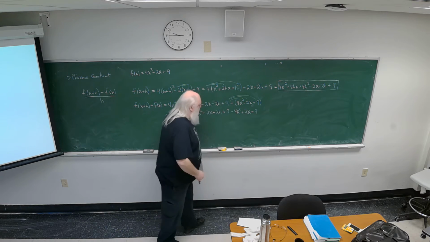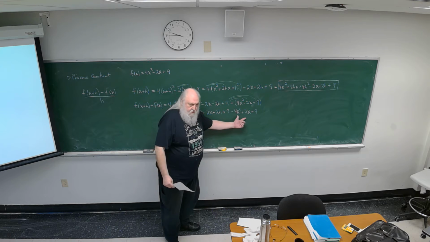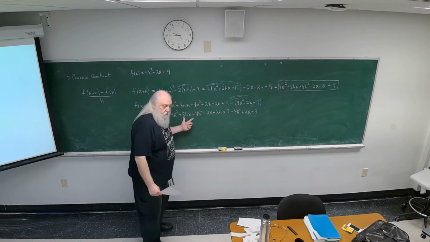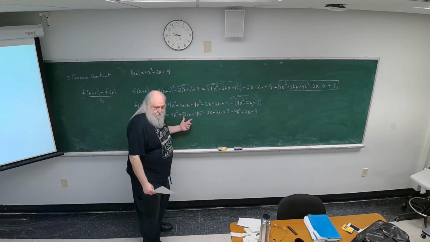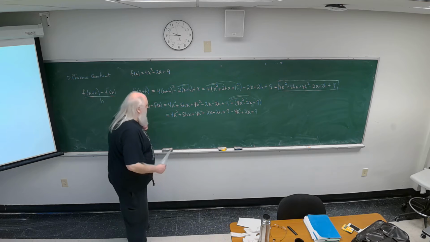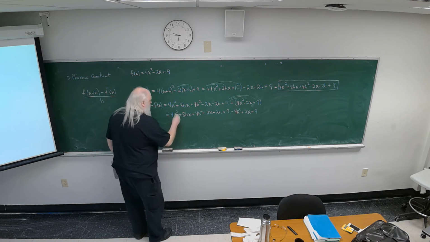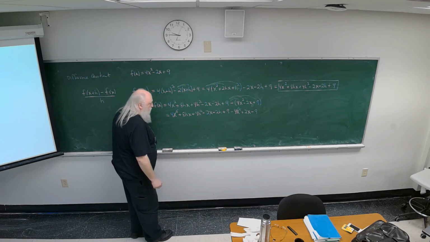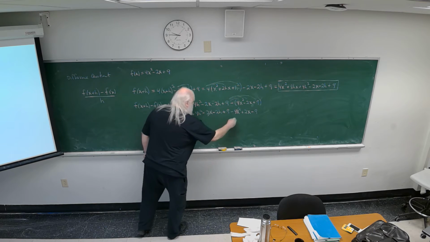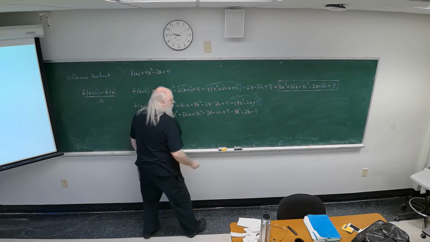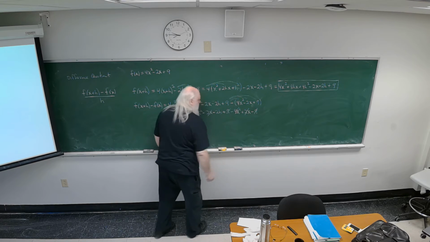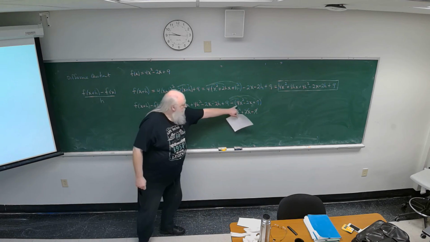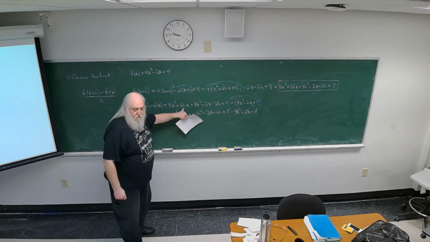If you do this right, all three terms of the function f of x will cancel out corresponding terms over here. Okay. So when we combine like terms, you see that 4x squared minus 4x squared is 0. Minus 2x plus 2x is 0. And plus 9 minus 9 is 0. If you do it right, every term of the function f of x will cancel the term over here.